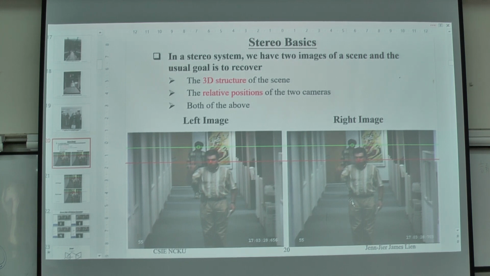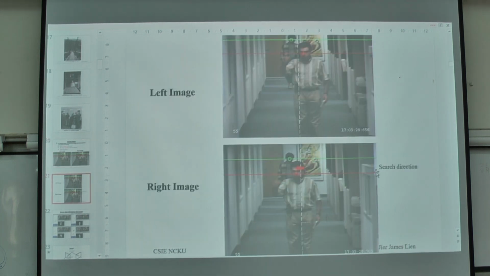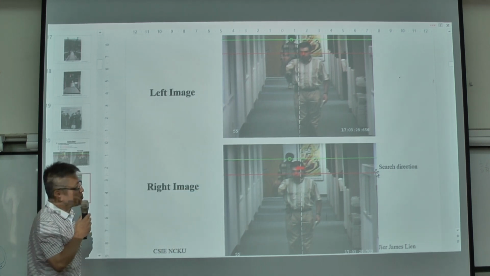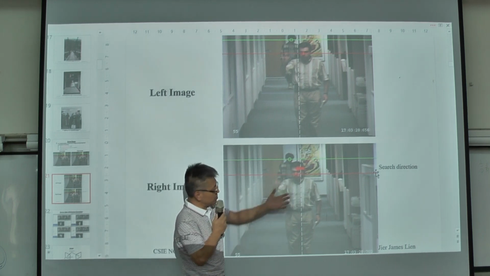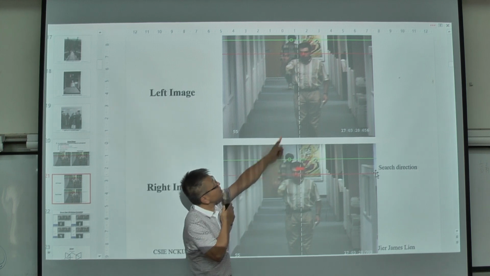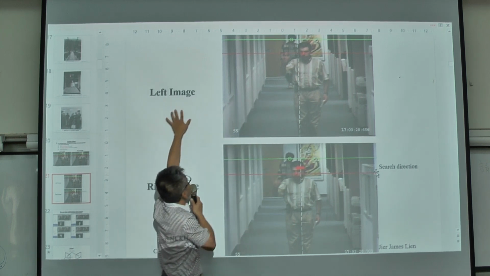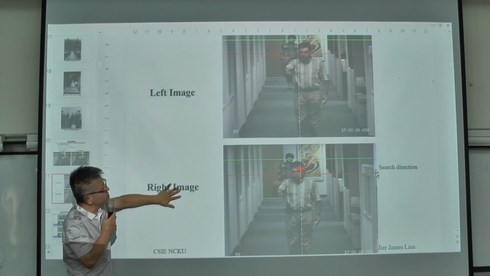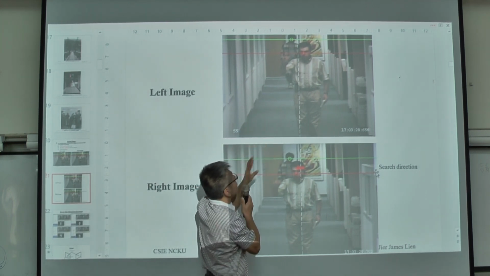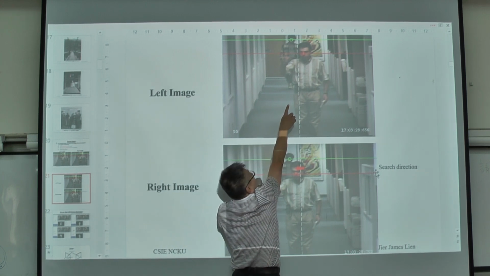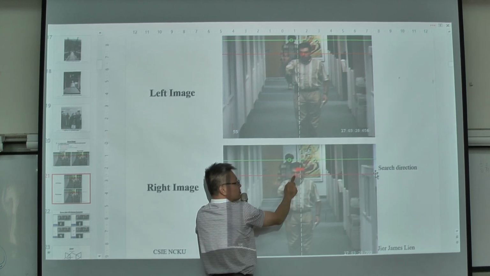So if we put both images top and down, 我们把左右放成 top down. You'll find the objects closer to you, the corresponding point, this point, actually that point, based on left, the reference image, based on left and right. 从左边去看嘛，然后东西会右边。So based on left, how do you find the corresponding point here?